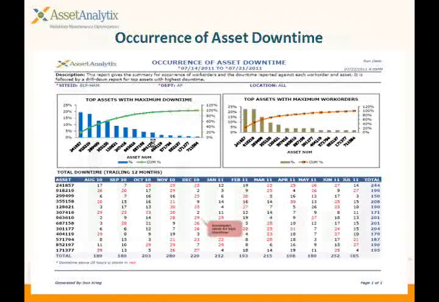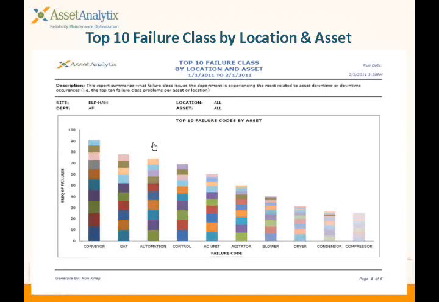Let's look at another example here. Again, we are looking at top 10 failure classes by location or by asset, and it shows you different failure codes which are causing the maximum failures. So this is done for a particular asset class. It can be done depending on how your failure codes are organized.